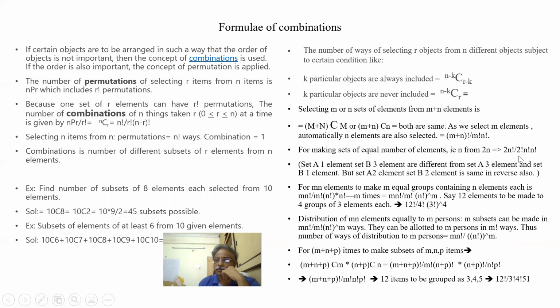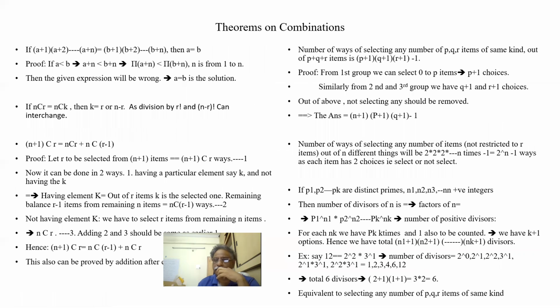See here, 2 to the power of n minus 1 we got here, with 2, 2, 2, 2 for n different objects. This is the number of ways of selecting any number of items out of n different things. Here we have 3 different papers, each having 2 options, so 2 to the power of n minus 1 ways.